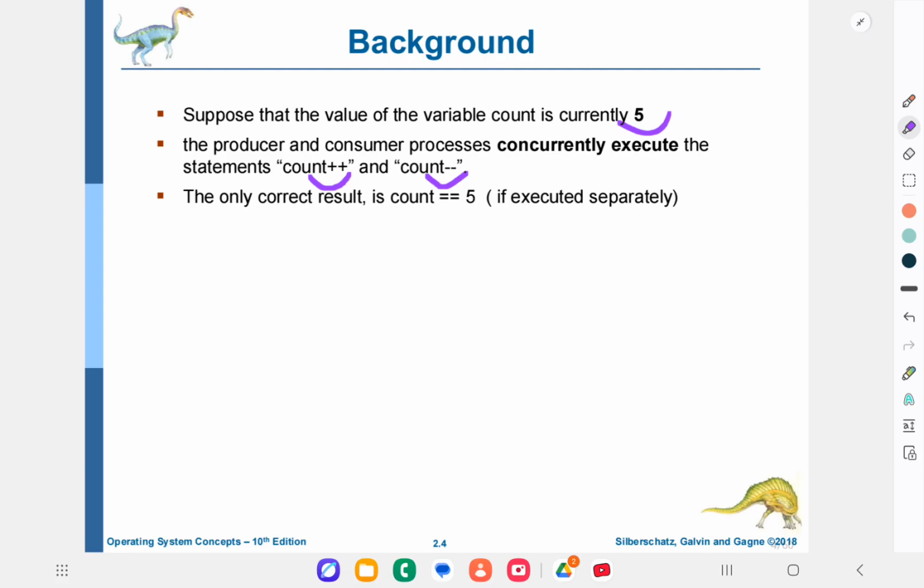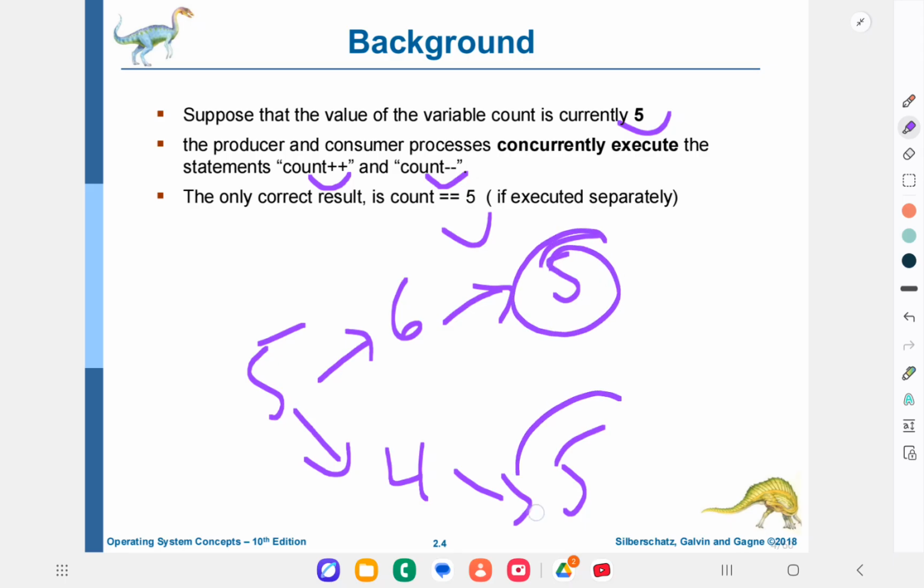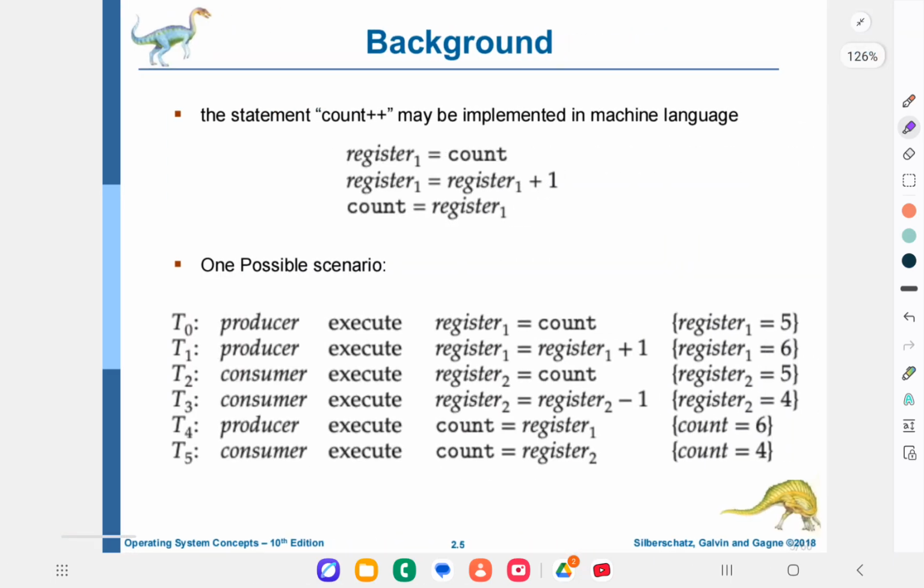We would expect the only correct result to be 5, no matter what the order is. If the increment happens first, we go from 5 to 6, and then we decrement back to 5. If the decrement happened first, we go down to 4, and then increment back to 5. So the only correct possible result should be 5, right?